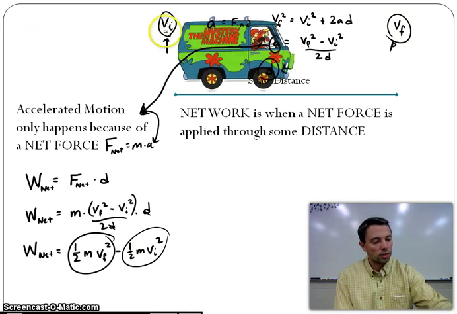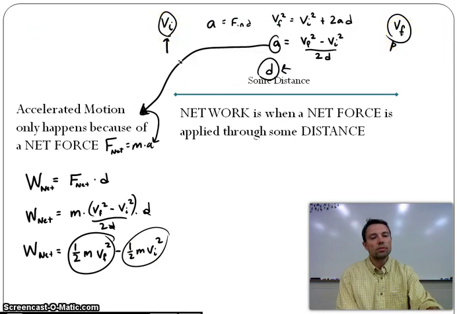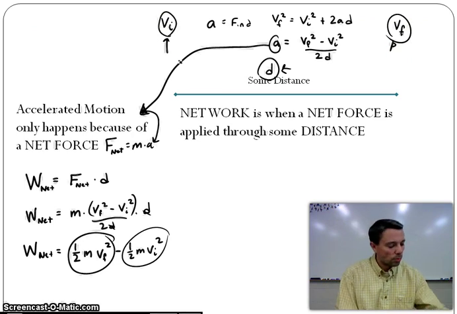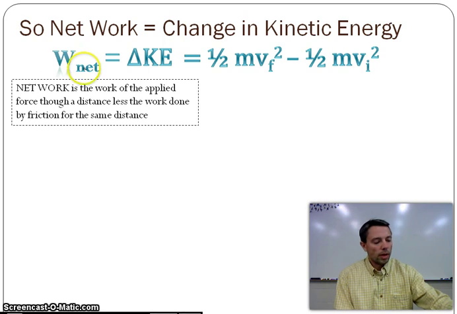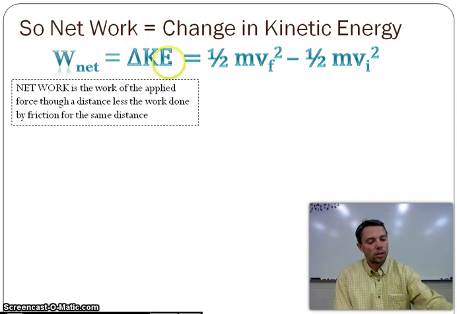The difference between those two kinetic energies represents the amount of work that was done to get there. So that's our big ticket right there. Net work equals a change in kinetic energy. There's my big equation.